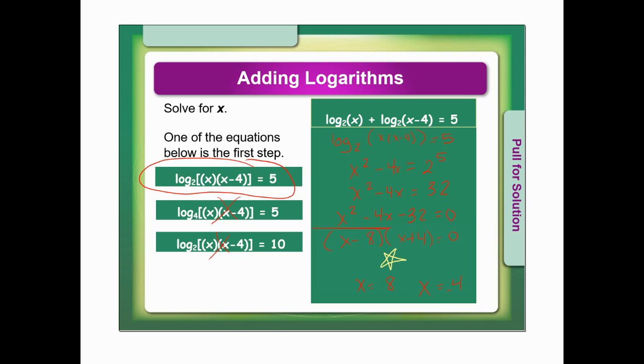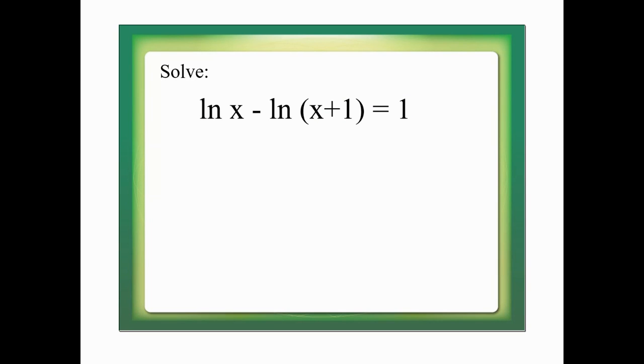Now we have to go back and check our work. Log of 8 is going to be fine, and log of 8 minus 4 is going to be fine because that gives us positive. When I plug in negative 4, 2 to what power gives me a negative is not possible. So this is an extraneous solution. This is my only solution. So just be careful to always double check your answer. With logarithms, x cannot be negative.